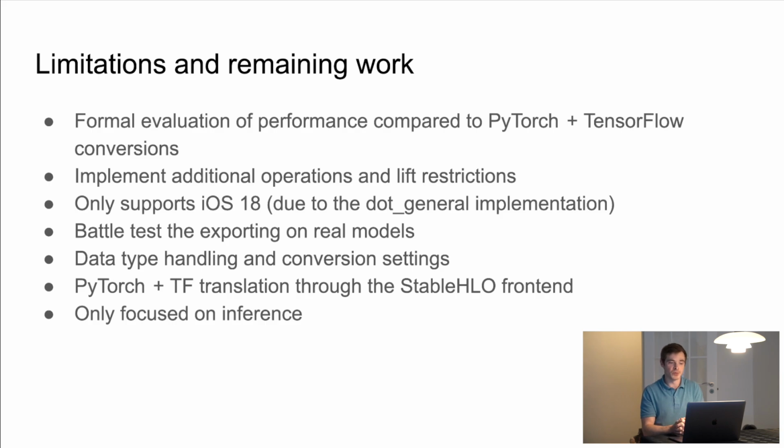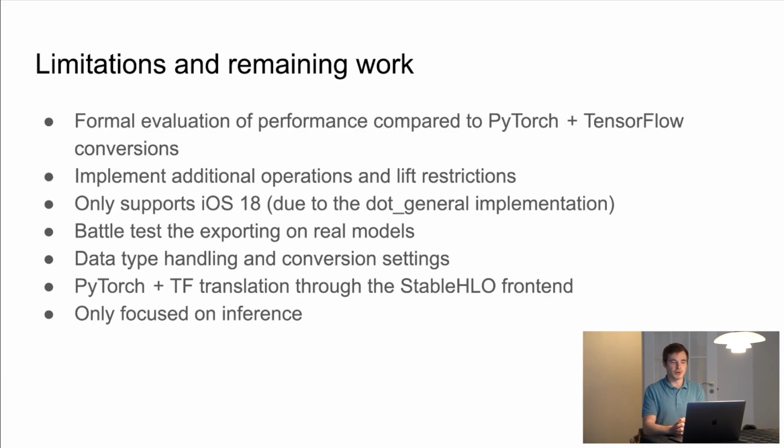I currently only support iOS 18 because of the way I have implemented the .general implementation. And then currently, it only works for running inference on your models. So all of the training and stuff needs to be done on the JAX side, and then once it has been trained, you can get the StableHLO module, which you can then compile and run on your phone.